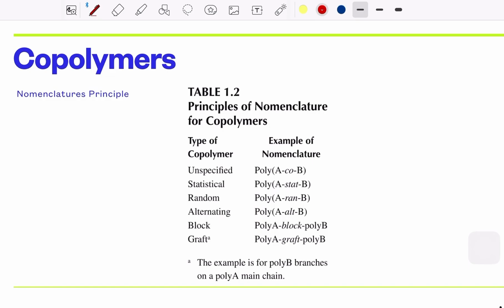We just use copolymer, A, co, B. Or if we know this is statistical, we write stat, random, ran, alternating, alt. And if it's a block, we write block. And if it's graft, we write graft.